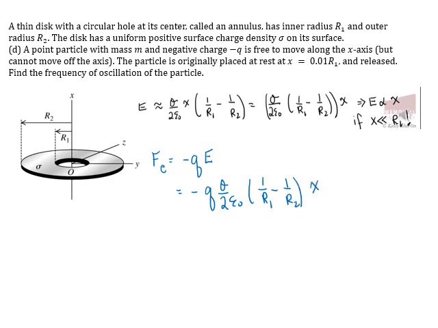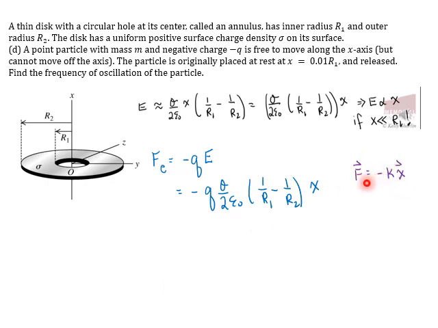If we look at this, we see that all this stuff right here is constant. Our force has a negative sign in front of the equation, and it has a dependence on x. Hopefully this is a little bit reminiscent of Hooke's law, that a spring force is minus k times x. Let's take a moment to remember what that means.